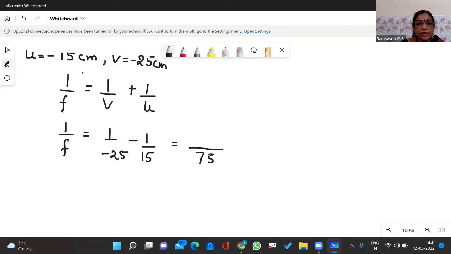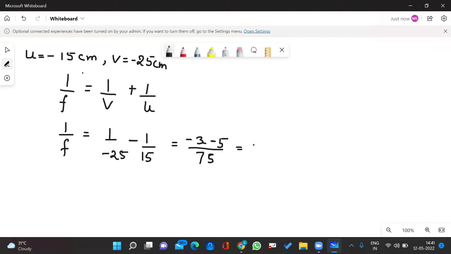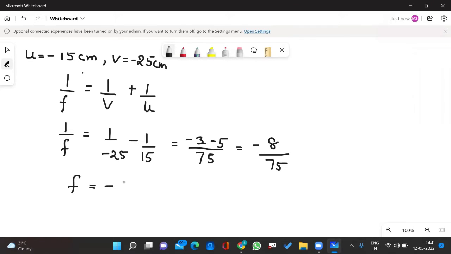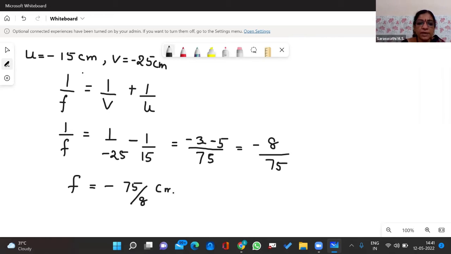So this is going to be minus 3 minus 5, since 15 will go in 75 5 times, right? Minus 8 by 75, or f is equal to minus 75 by 8 centimeter, right?